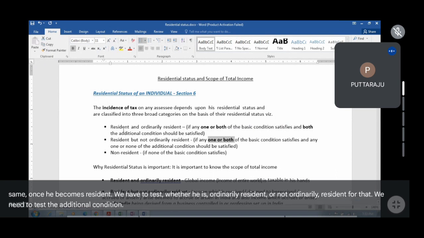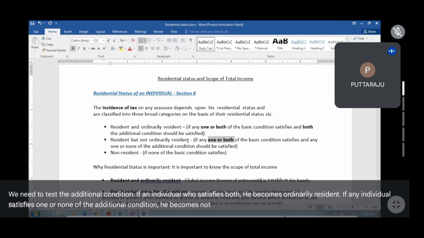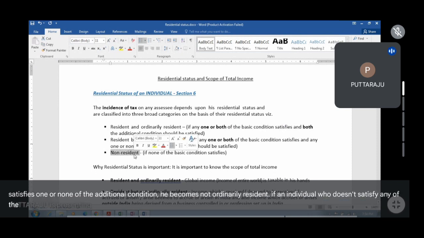If an individual satisfies both, he becomes ordinarily resident. If an individual satisfies one or none of the additional conditions, he becomes not ordinarily resident. If an individual doesn't satisfy any of the basic conditions, he becomes non-resident. Understood?